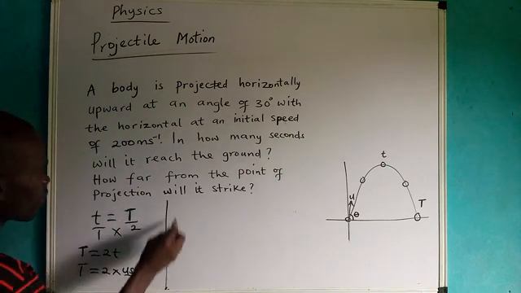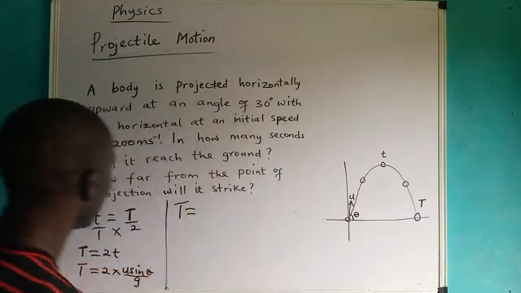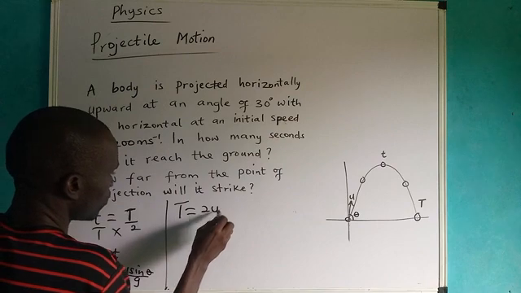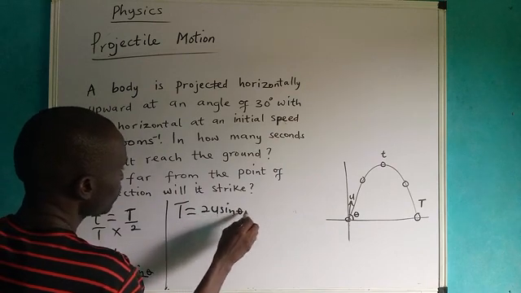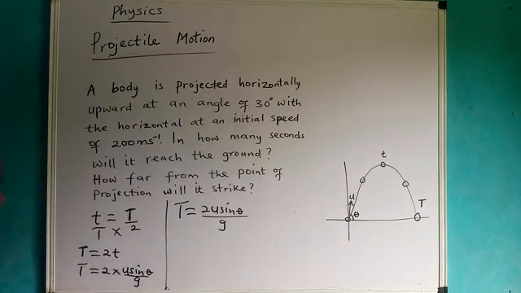Now I can say that the time of flight, the time required for the body to strike this point, becomes 2u sine theta over g. This becomes the equation for the time for the body to strike this point. I can now proceed and substitute into this equation.